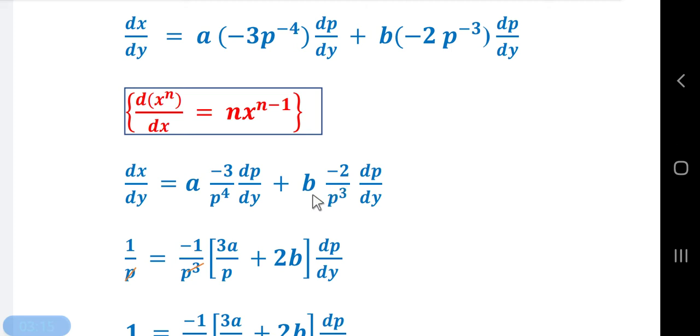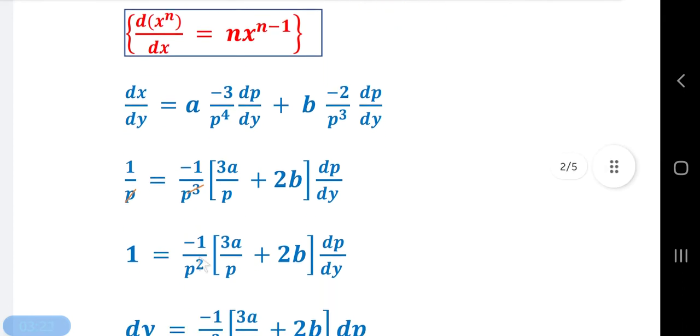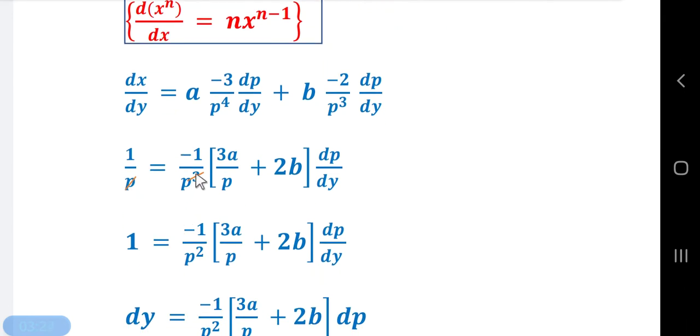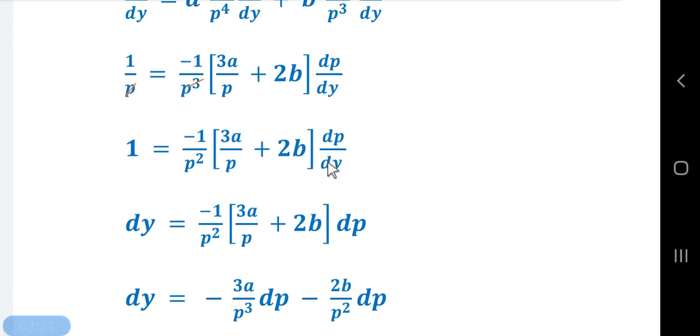We will have 2b only, since both the minus signs go out. Cancelling p and p here, we will have p square here because 1 p is cancelled. Taking this dy to the left hand side, we will have dy is equal to minus 1 by p square, 3a by p plus 2b, into dp.